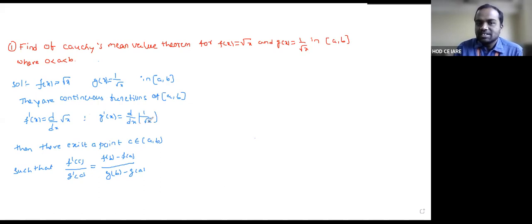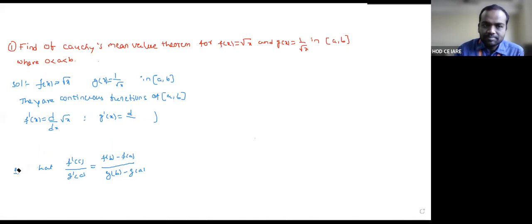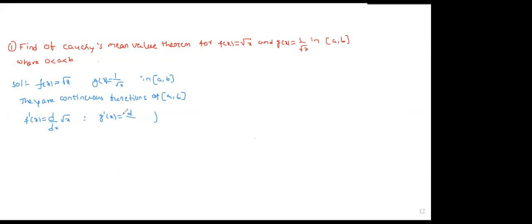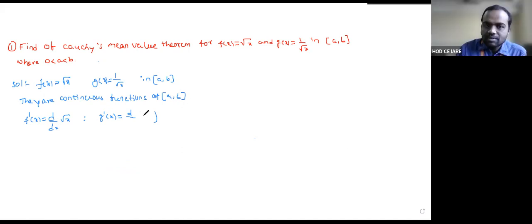Can you tell me what the derivative values will be? d by dx of root x, what is the value? 1 by 2 root x. Okay, this is f dash of x.